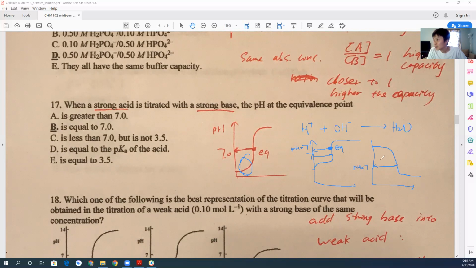For example, if this is pH 7, the equivalence point has a pH lower than 7, because at the equivalence point, all the weak base has been converted to its conjugate acid. So it's an acid, and it will generate a little bit of proton, making the solution a little bit acidic. So the pH is going to be less than 7.